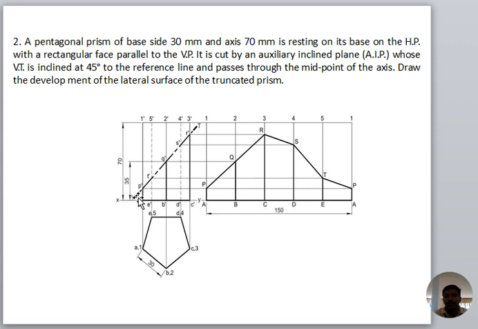For example, let us start with P at the A and B point, Q at the next, C point is R, D point is S, E is T. Project each and every point along these, and connect all these points to form a truncated prism. Thank you.